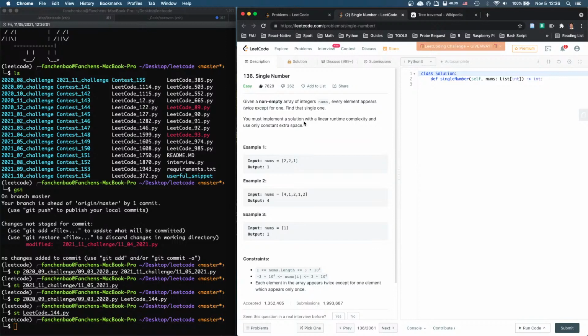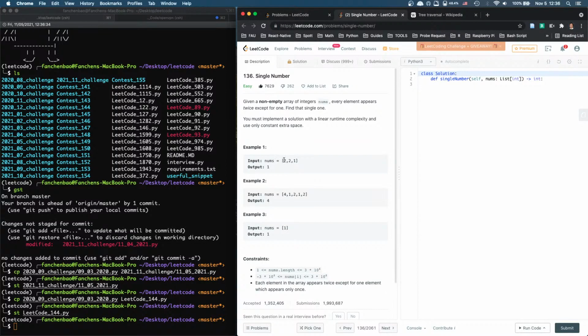Find a single value and everybody else is double, right? Yeah, I think use constant extra space. If it's not constant, that will be easy. We just throw a counter at it and then we're done. Constant. How do we handle constant?